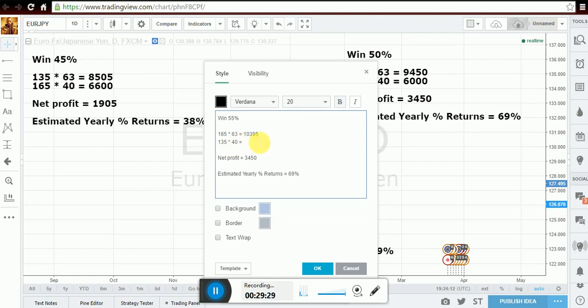So 135 times 40, 5,400 pips. That's going to give us a net profit of 4,995. In terms of returns, about 99%.